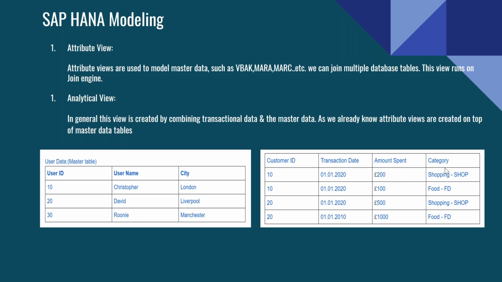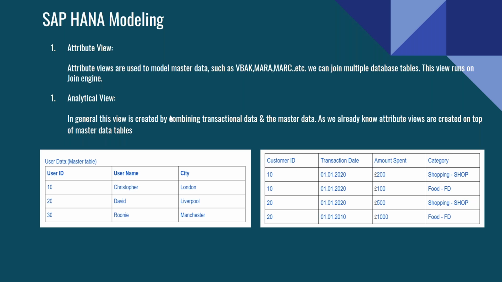The category will be shopping. So this is holding transactional data. Imagine we're developing an application like this. If you look at these two tables, somebody may ask how much Christopher has spent.